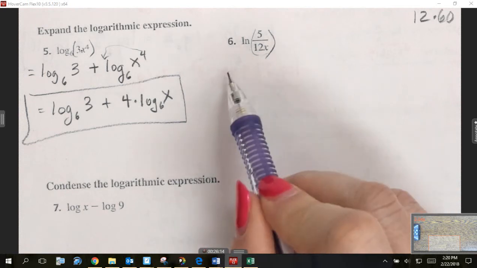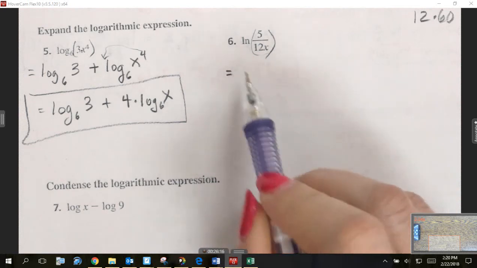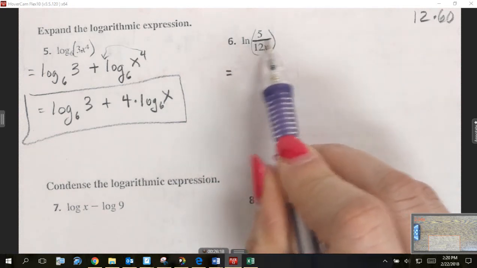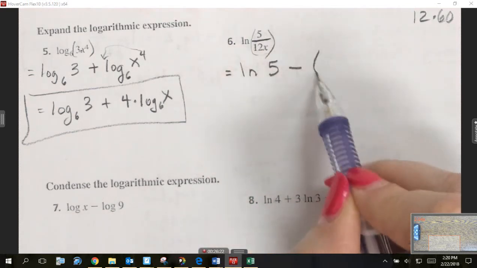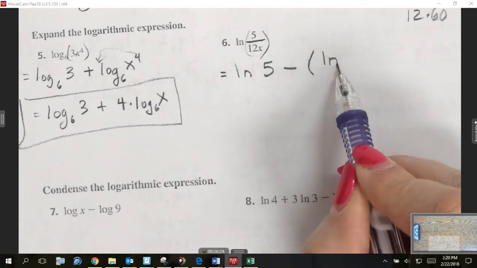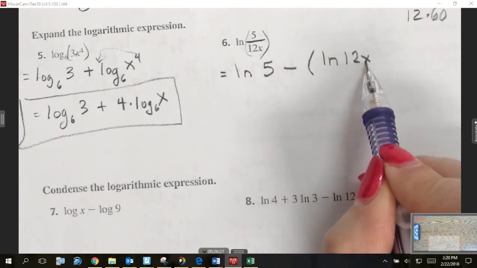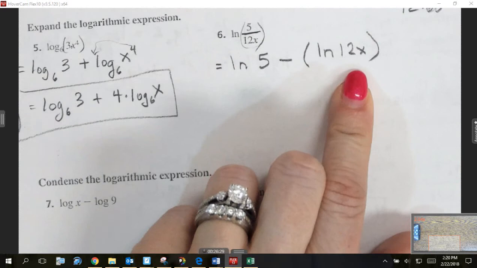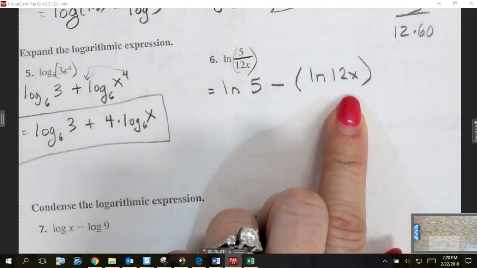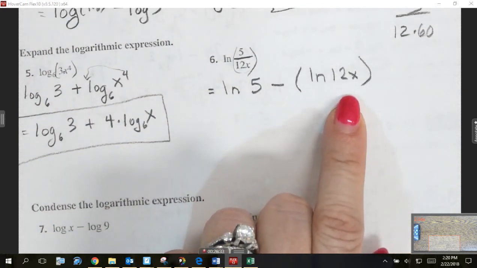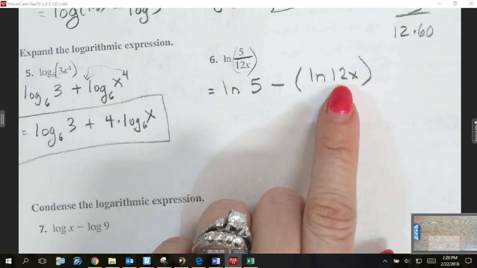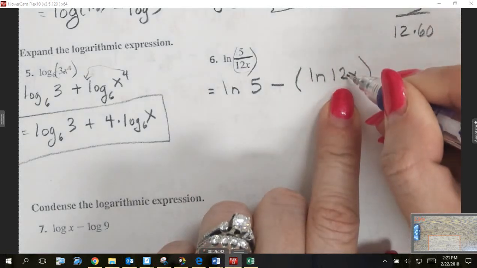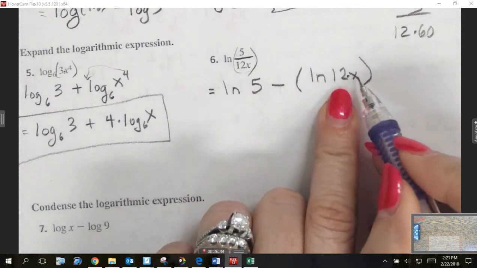So this is how I'm going to approach this one. I'm going to undo the division, but I'm also going to pay attention that ln 12x was actually supposed to happen first. So to show that, I put it in parentheses, because parentheses means do this first. So now I'm going to expand out that ln 12x, and that's multiplied.